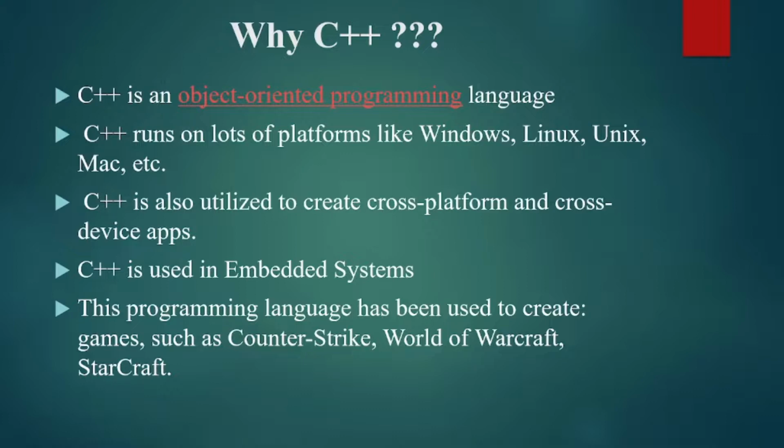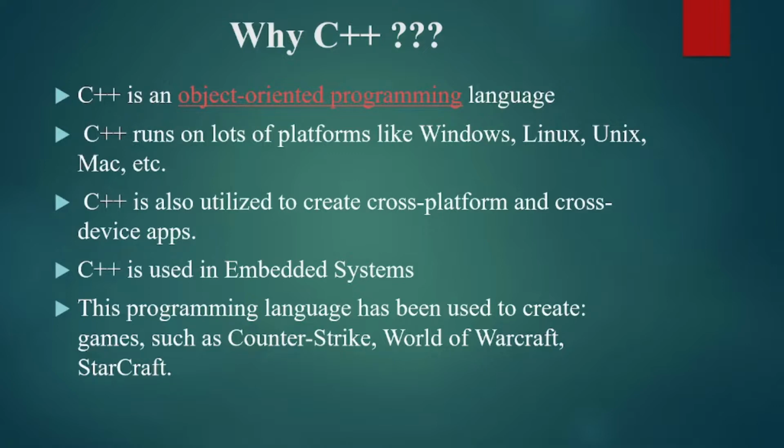To create an application for those devices, you would have to know different programming languages. But C++ allows you to write one C++ code and that code will work on Android and also on iOS. That is the meaning of cross-platform.